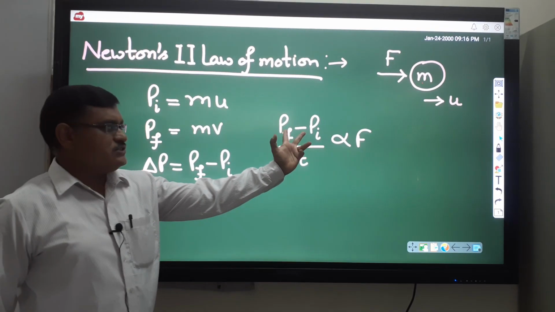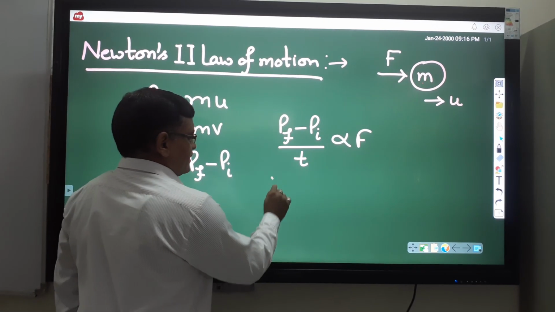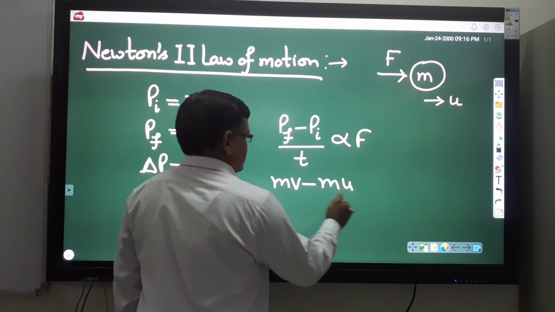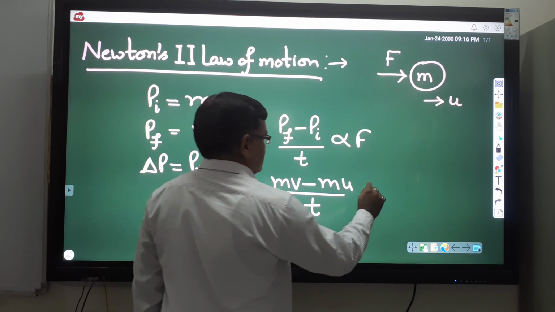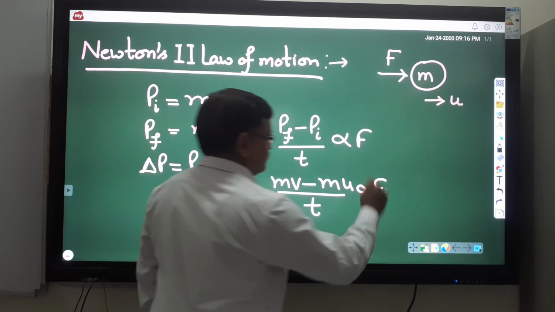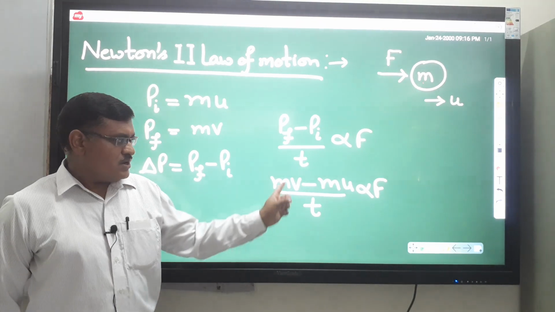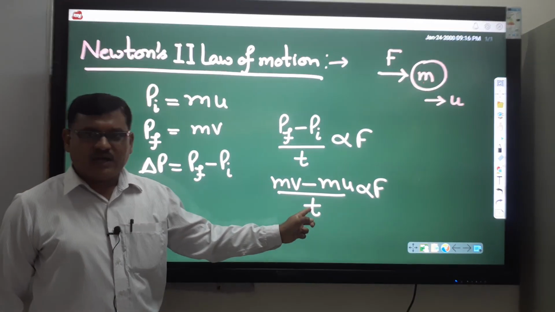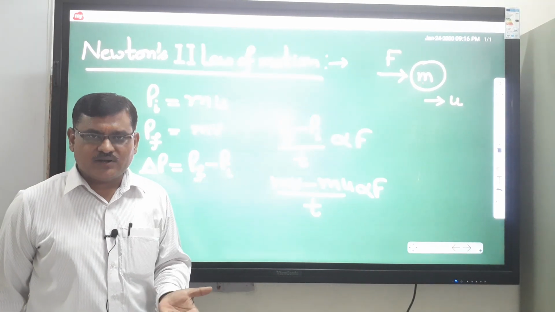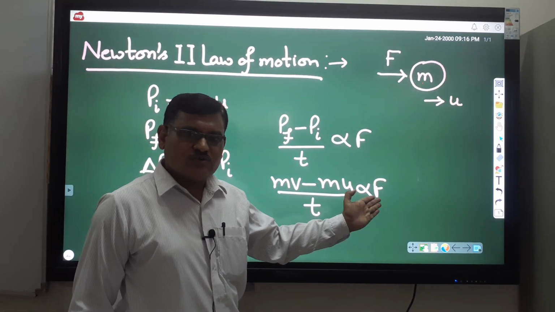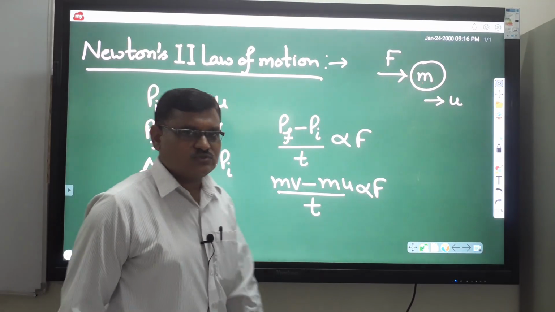Putting in the values, we can write (mv minus mu) divided by time is directly proportional to force. This is Newton's second law. Change in momentum divided by time is known as rate of change of momentum, which is directly proportional to force and in the direction of force.